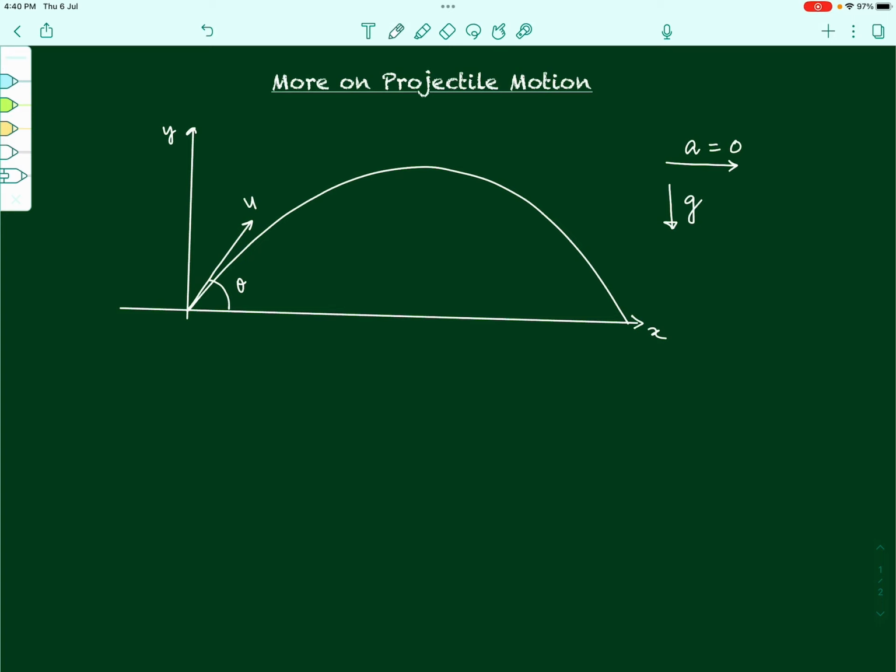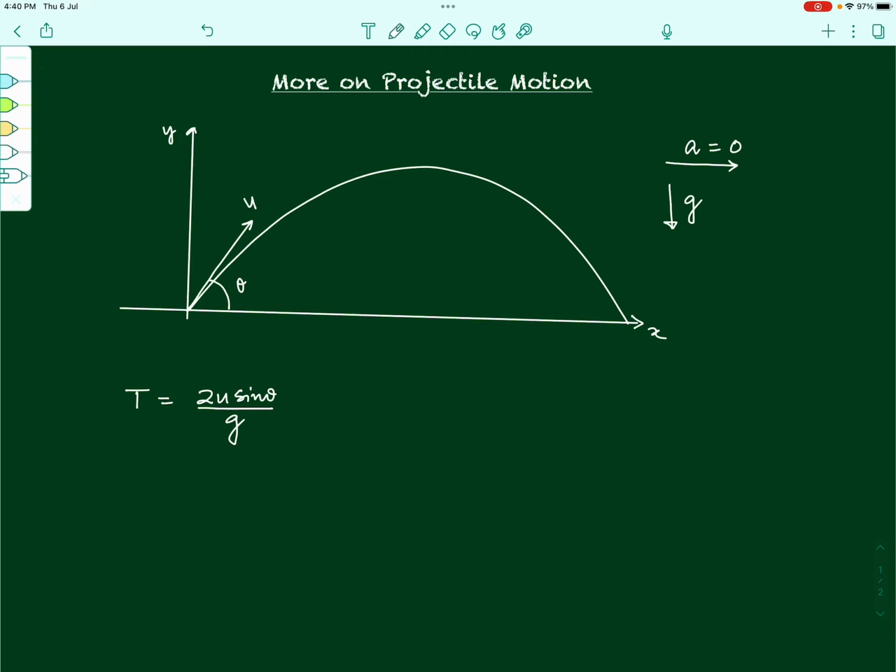Okay. We also saw that the time of flight of such a projectile comes out to be 2u sin theta by g. So from this expression, if we try to find out that value of theta for which T would be maximum, the time that the projectile takes to come back to the ground is maximum. Do we understand?